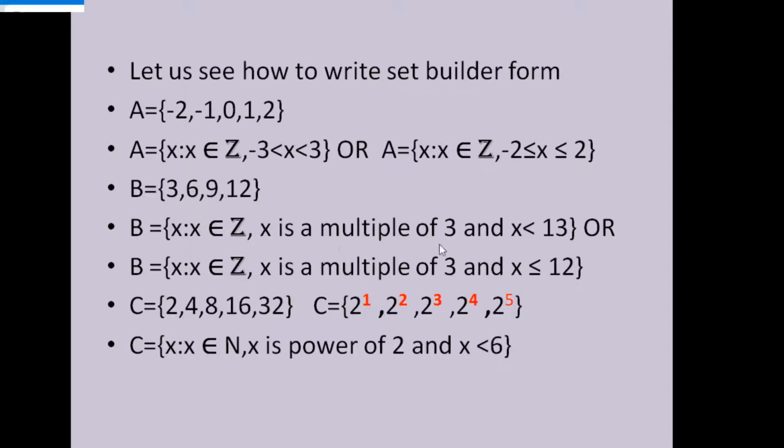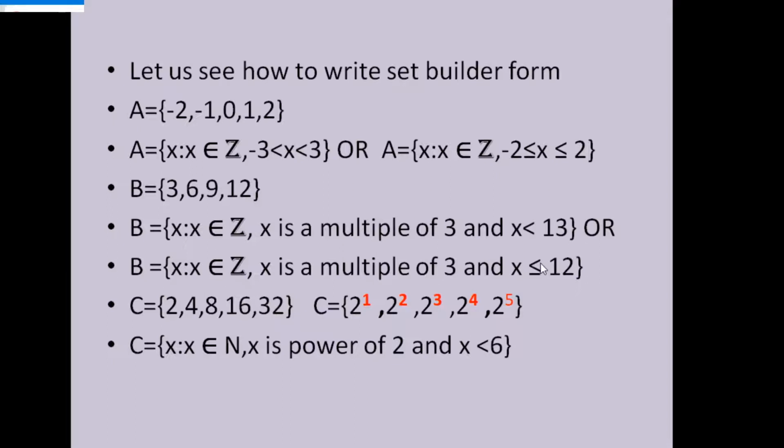Up to here it is okay, but in the set what is the last multiple? 12. So I have taken here x is less than 13, or otherwise we can write x is less than or equal to 12.